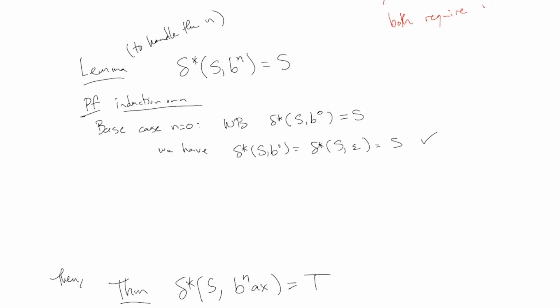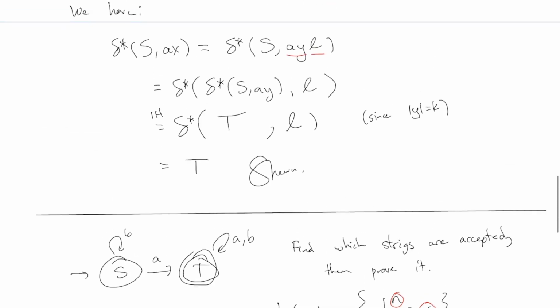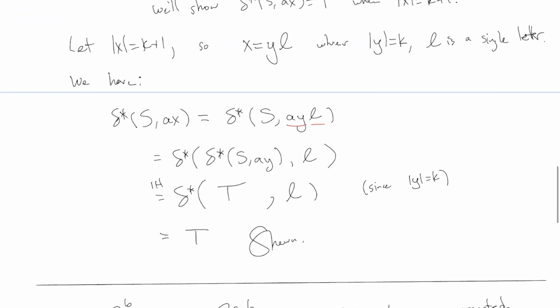Then where do we go? Something like that. You write x. If x has length k plus 1, then that means it has a length k part and then one more letter.